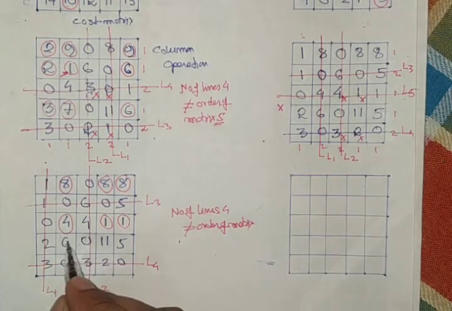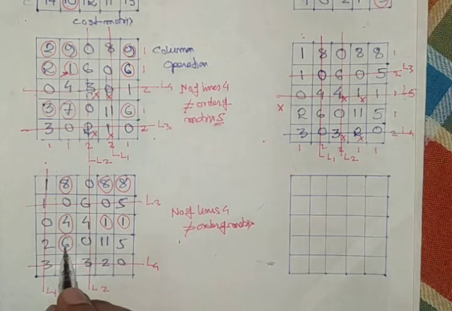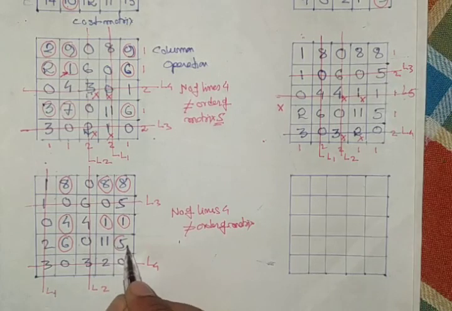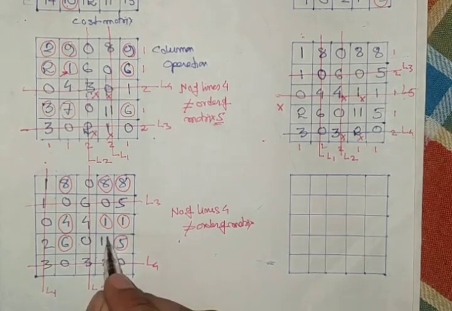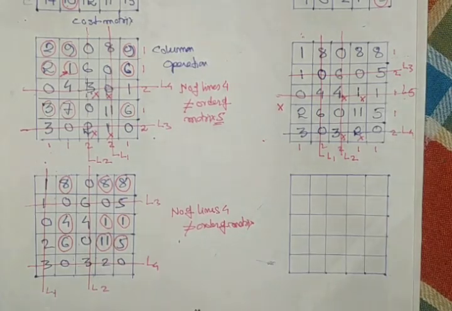Then this 6 here, this one 5, and this 11.